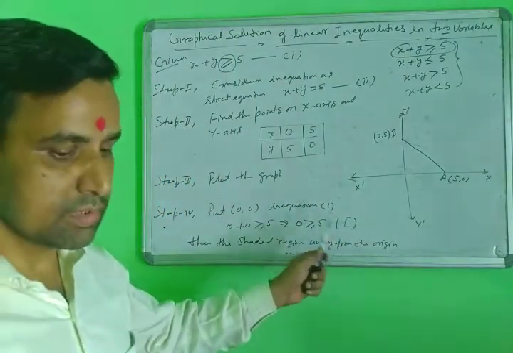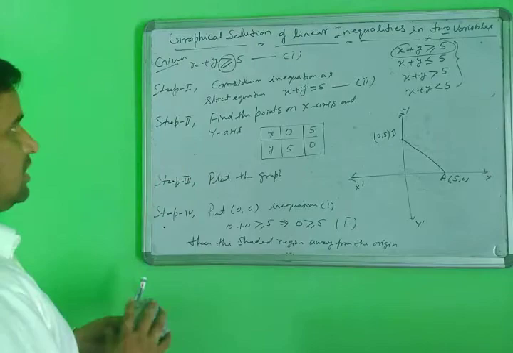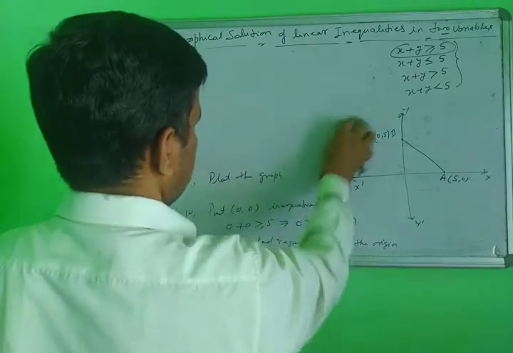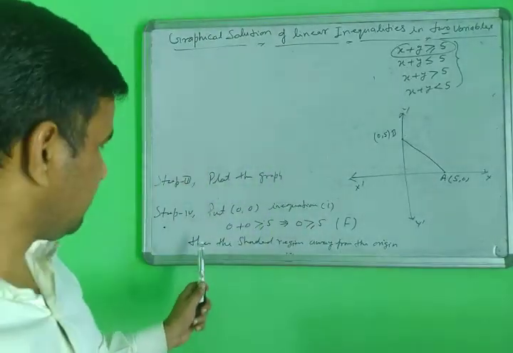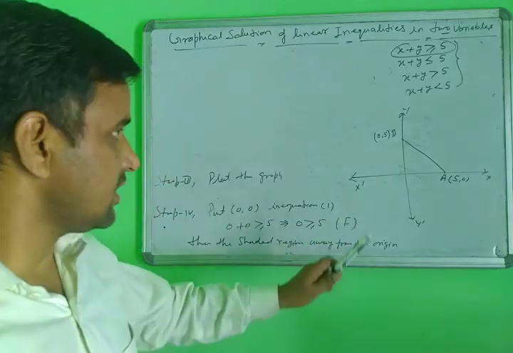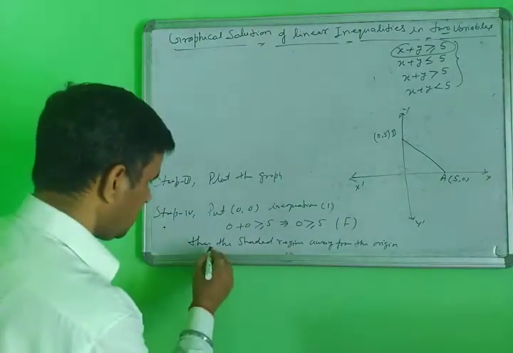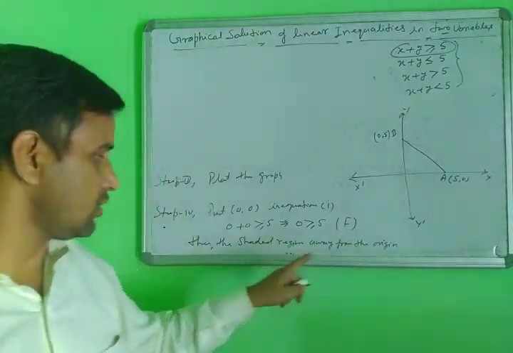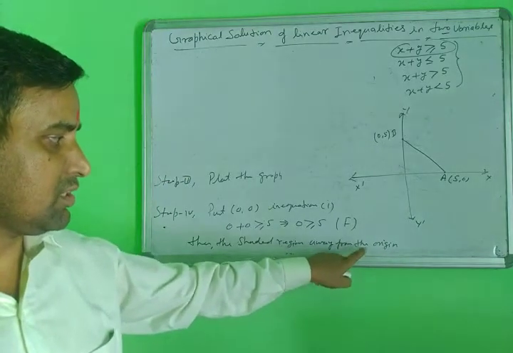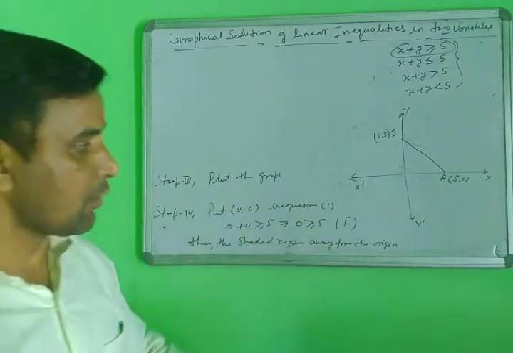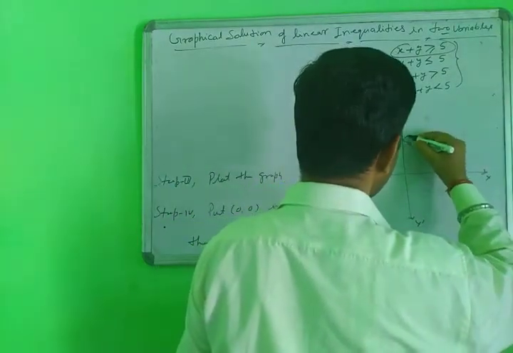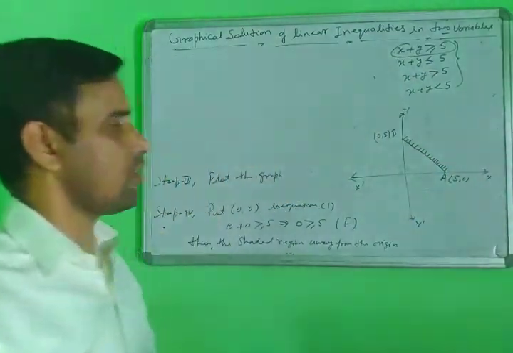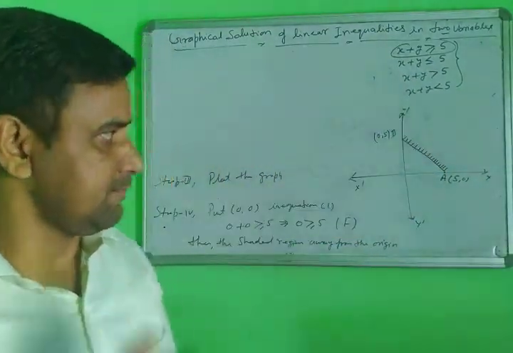The first condition is, suppose the result comes false, then the shaded region is away from the origin. Shaded region means the solution region. Your solution region is away from the origin when your result comes false. This is called away from the origin.